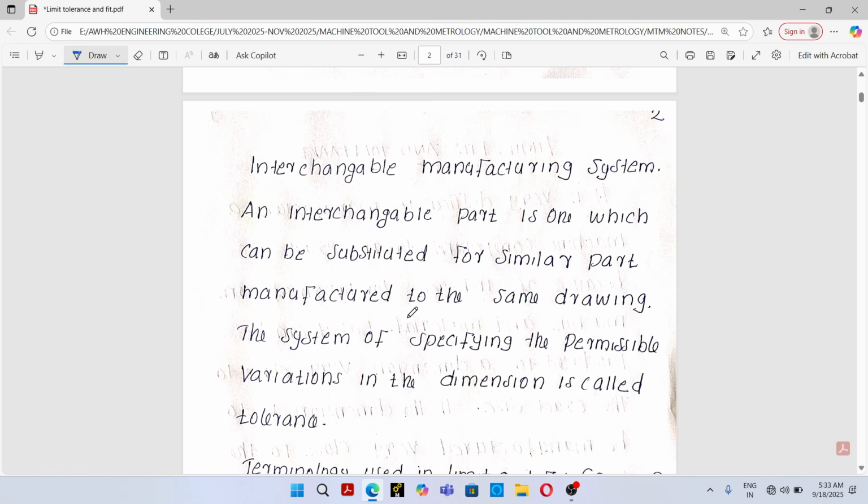So in the case of mass production, some variation from basic size is allowed, and that system is known as interchangeable manufacturing system. So a manufacturing system which allows variations from the basic size is known as interchangeable manufacturing system, and that permissible variation is known as tolerance. Okay, so that's the concept of interchangeable manufacturing system and why we need it.